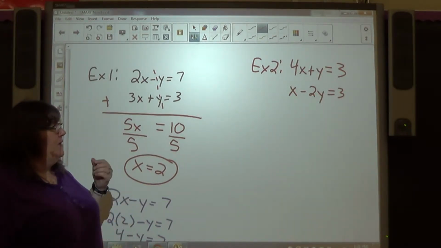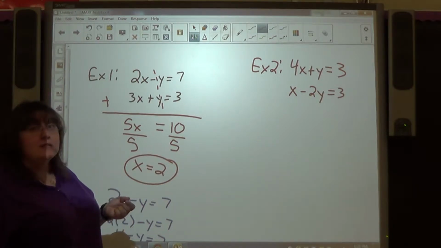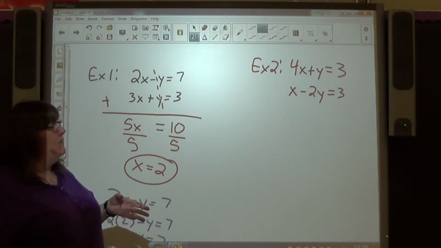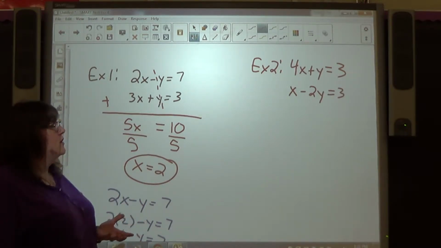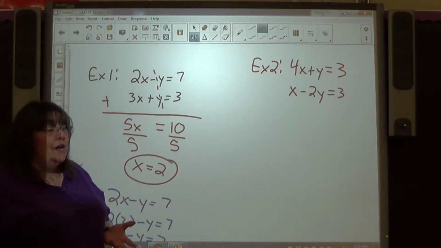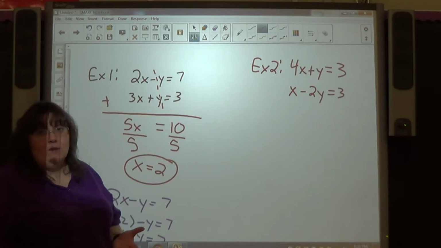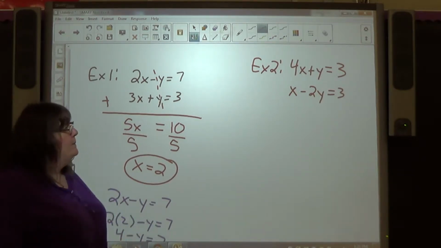However, I have one negative, one positive in front of the y's. So I can eliminate the y's a lot faster than the x's. However, I need to change my numbers so they're the same, okay?